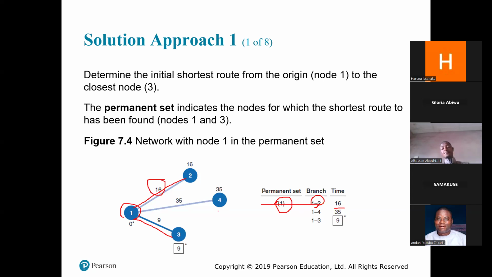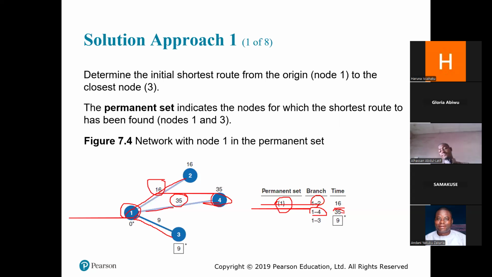Then we have branch 1, 4. Branch from 1 to 4. You see that that is this branch. And the branch value is 35. So the time is 35. So here the values there are time.